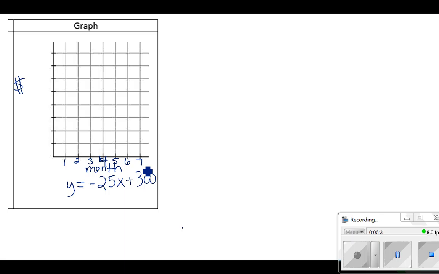Then I'm going to look at the slope that I have, negative 25. That means the axis needs to go up in increments of 25 possibly, or even 50. I'm going to use 50 so that I can get all the way up to the 300. So I'm going to start with 50.